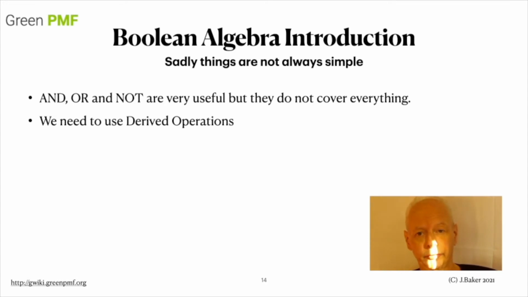So anyway, getting back to the point, we need to use derived operations, and they help us take things to the next step. Derived operations are only used for convenience. Anything that we use a derived operation for could actually be done using the basic operations, but for convenience we use a derived one, which we'll go into over the next few slides.